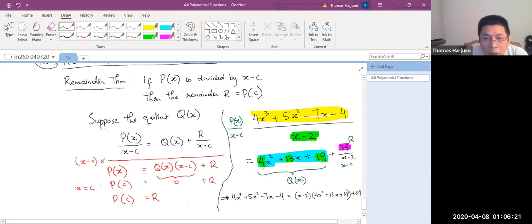Now, if this is my polynomial P(x), then P(2), this will get to 0, right? And I have the constant left.